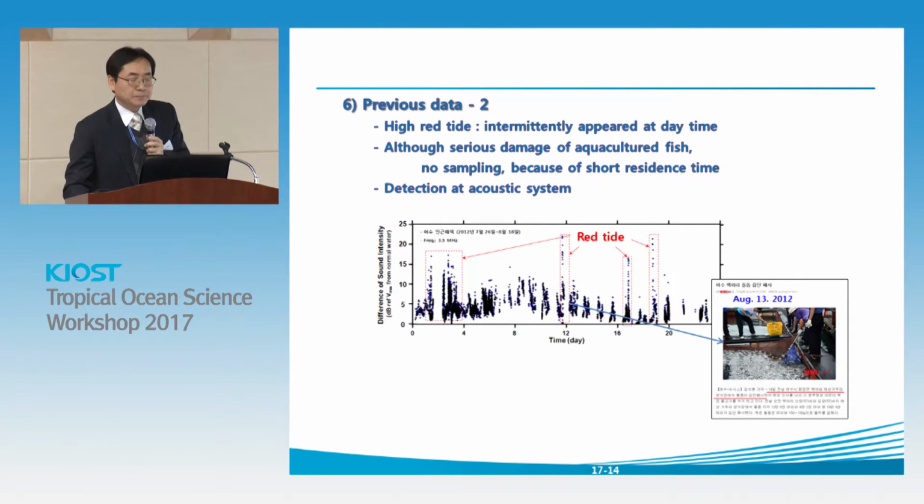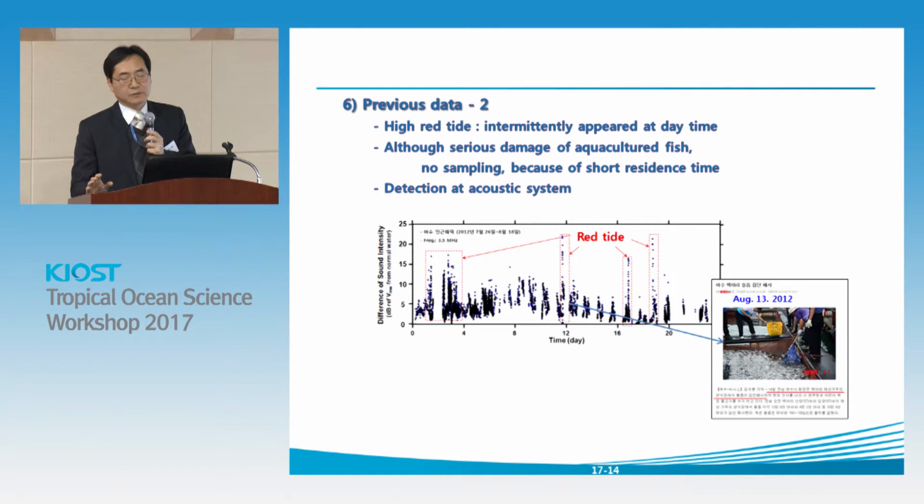Since this is real time, it can detect a very short appearance of high density. So high red tide appeared intermittently at daytime. Fish kill damage occurs when there is a high density of red tide, but that can last a very short time.